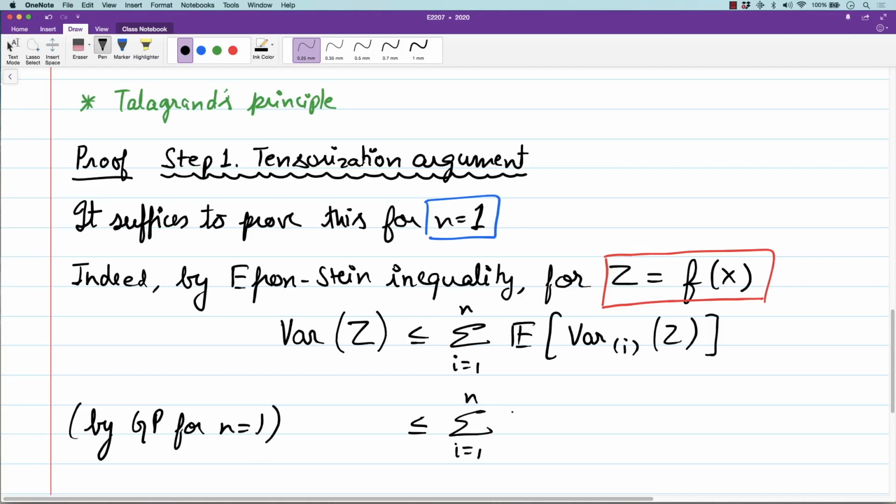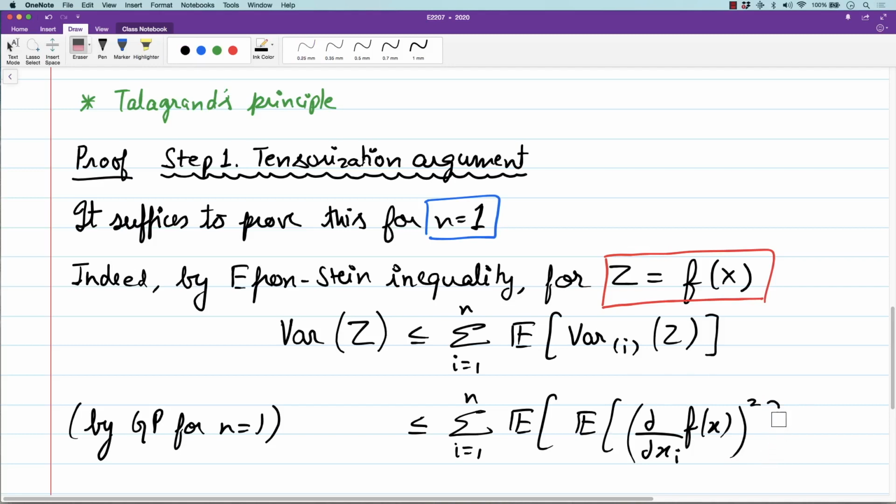So what do you get? You get the expected value of the square of that. This is exactly the Gaussian Poincare inequality applied to one dimension, and this expectation actually is over just the ith coordinate. So you fix everything but the ith coordinate.